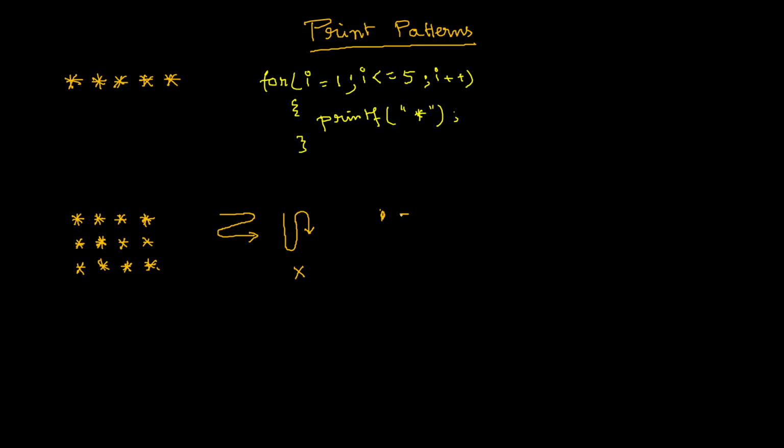Suppose you are in a particular line, and after printing some character, say A, your cursor comes to the next line and prints some character B, it is not possible for the cursor to move back over the current line and print something.